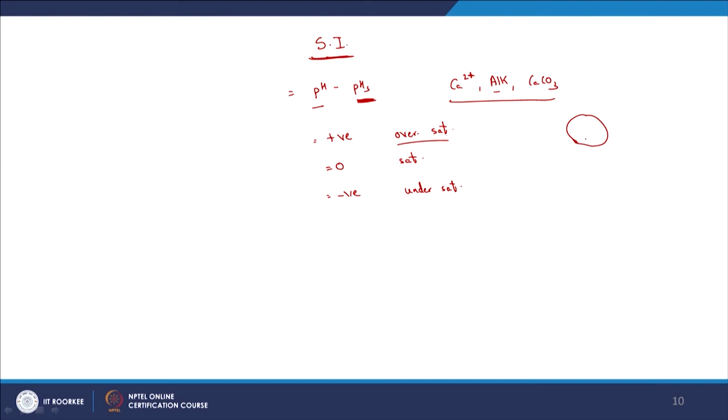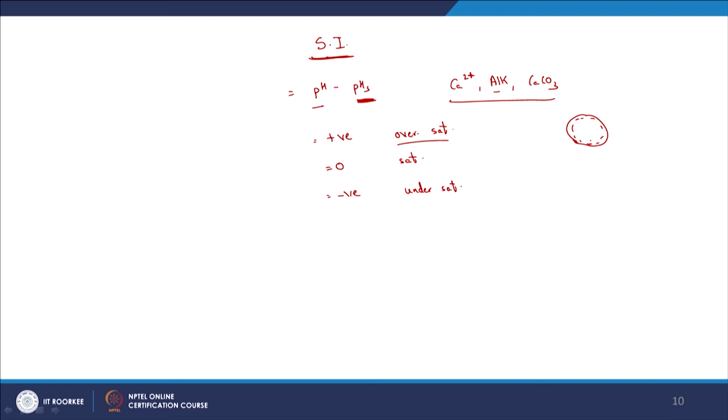People look at the Langmuir saturation index to understand if the system can lead to precipitation of CaCO3 or not. Why do people look at this? Because in your distribution networks, you are going to end up having corrosion. But if you maintain the pH at the relevant value, you will have a protective layer of CaCO3 formed. Let us say this is the cross section of your distribution pipe, and you have a layer of CaCO3 scaling on the surface of your distribution system.